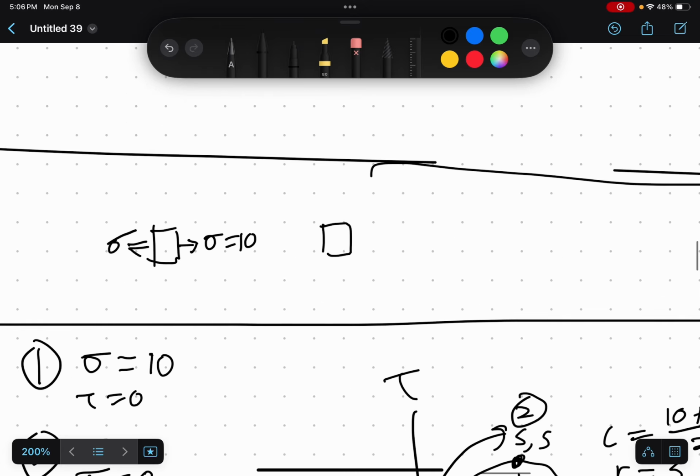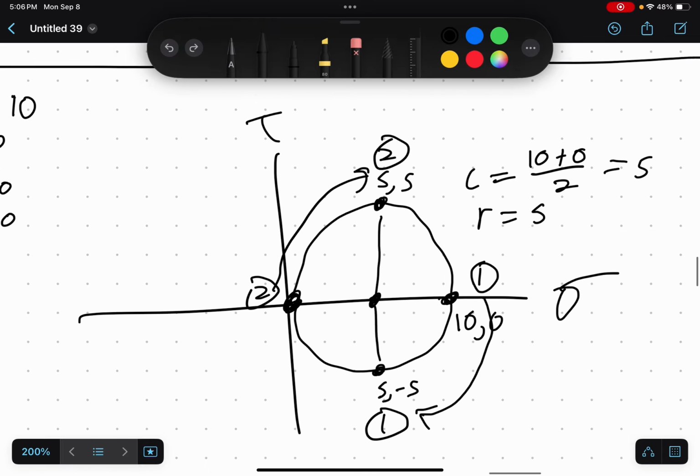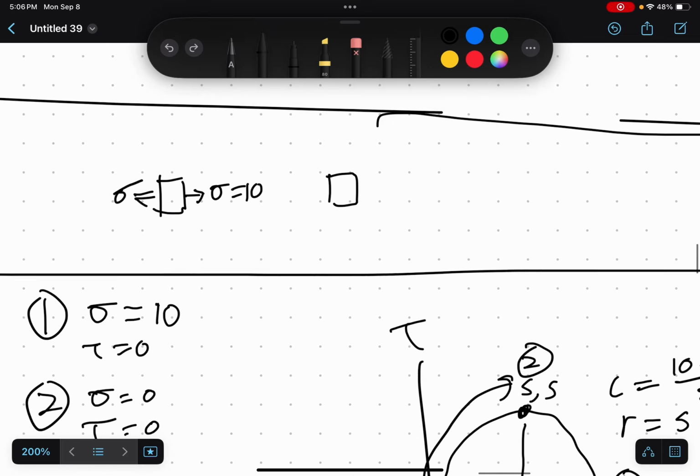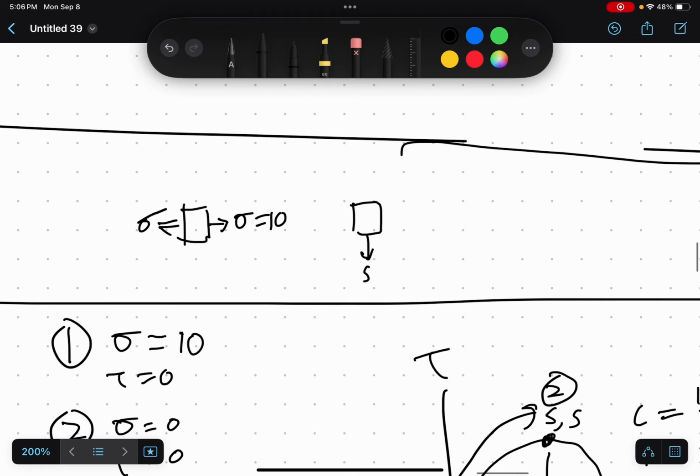So point 1 is now on the bottom, and we got a 5, negative 5. Negative 5 would be, stick your thumb out of the page, and that's positive.